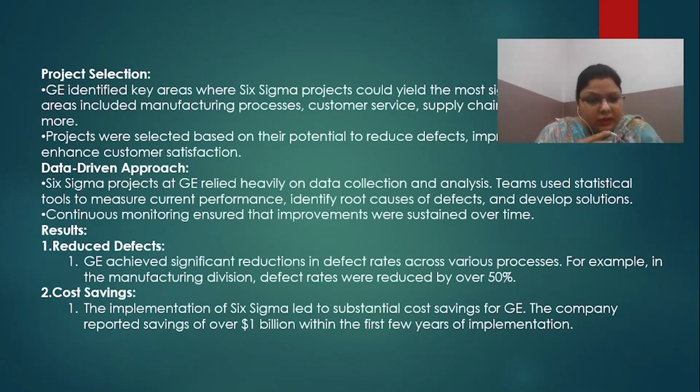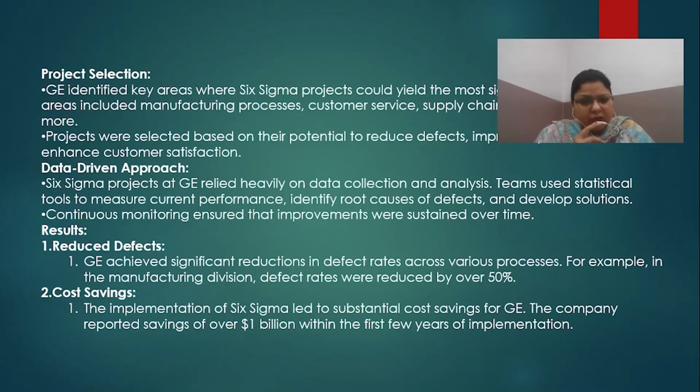So General Electric achieved significant reduction in defect rates across various processes. For example, in the manufacturing division, defect rates were reduced by over 50%. With the help of Six Sigma, they reduced defect rates by over 50%.